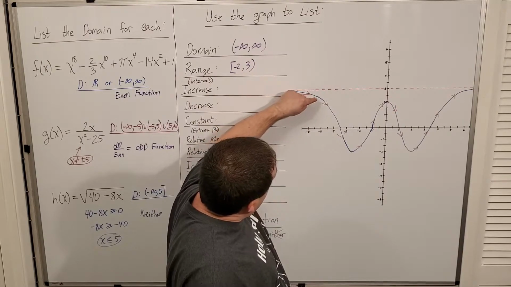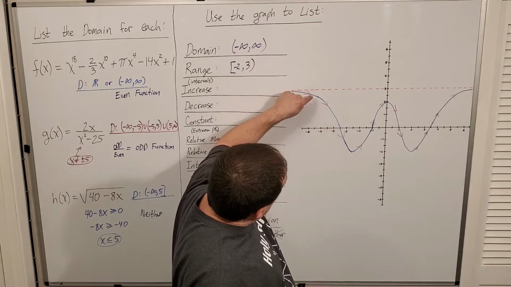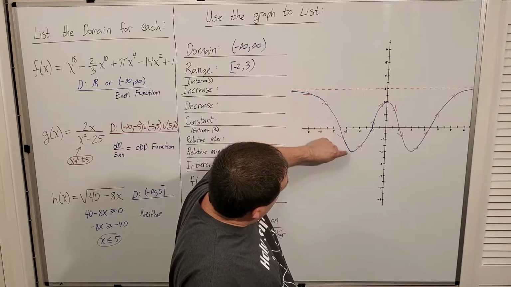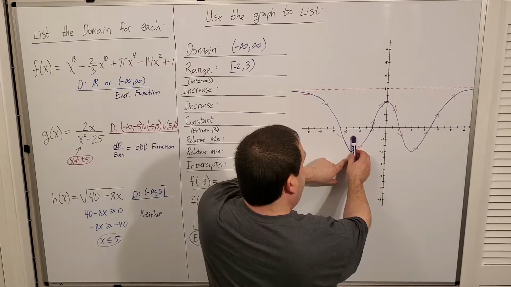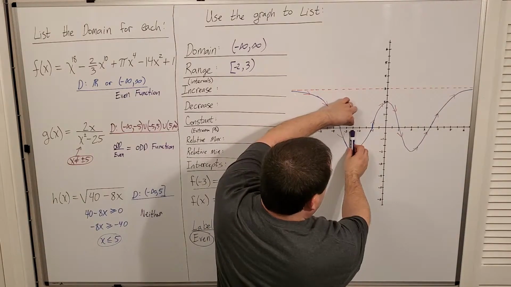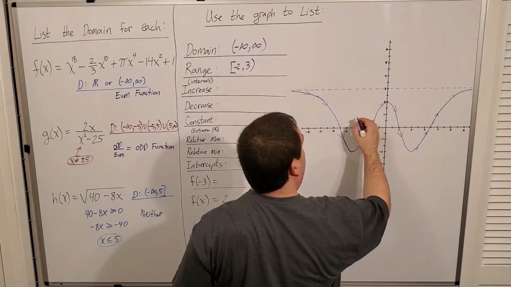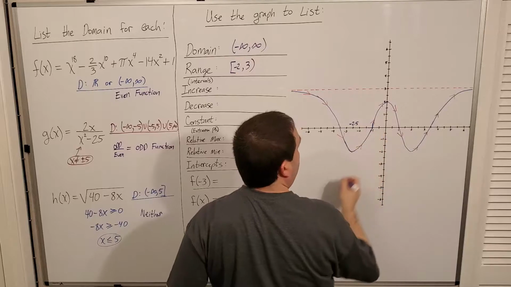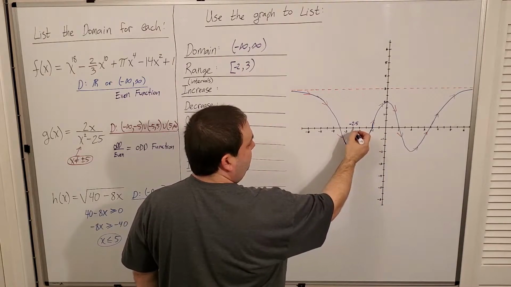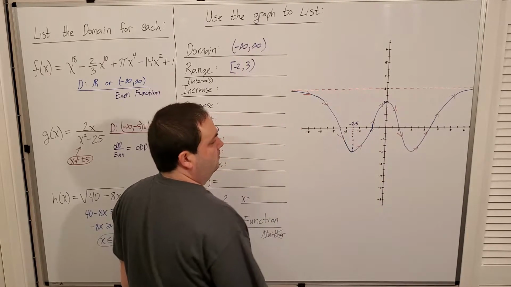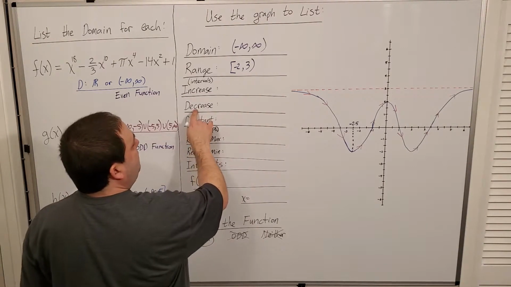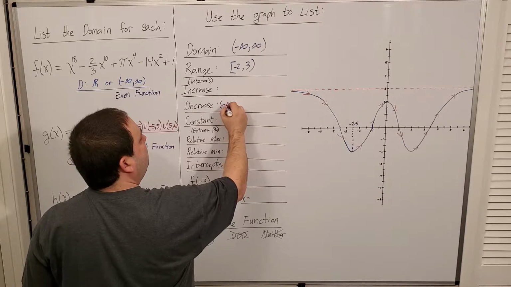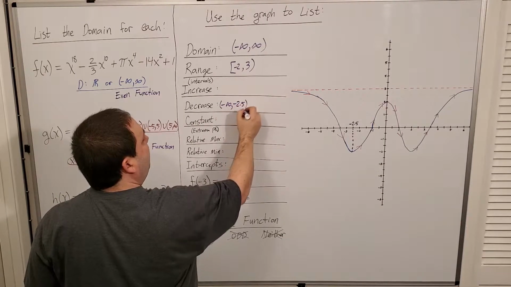Look, it's decreasing, it's decreasing, it's decreasing. The y value is going down until I get to this point right here. What x value is that point? That would be -2.5. Right here. Okay, so then it's decreasing from -infinity to -2.5.